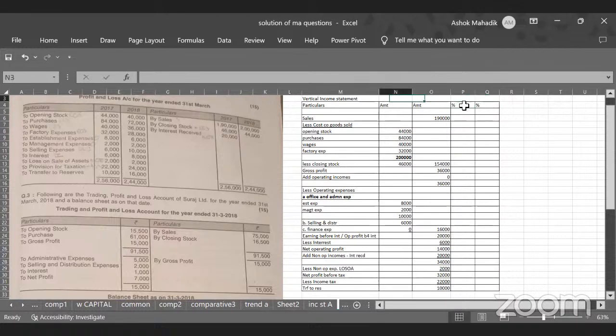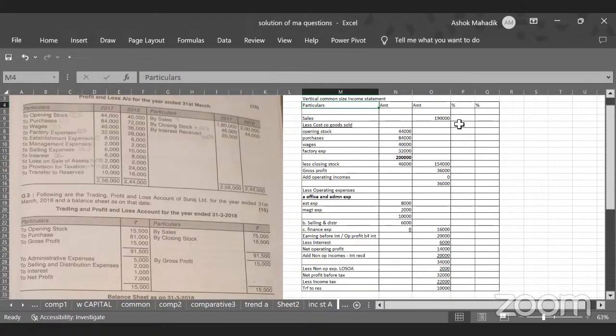I'll convert this to a vertical common size income statement.